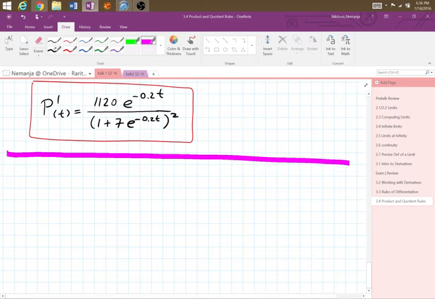So now going to our course and chapter 3 and 4 and so on, we learned that the derivative of, let's say, x cubed is 3x squared.